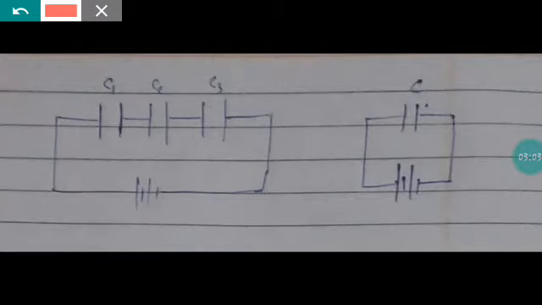Okay, and the potential difference of the battery is, suppose, V. So that potential will drop through C1, C2 and C3, and therefore the sum of the potential drops across C1, C2 and C3 will be equal to V, that is V equals V1 plus V2 plus V3.